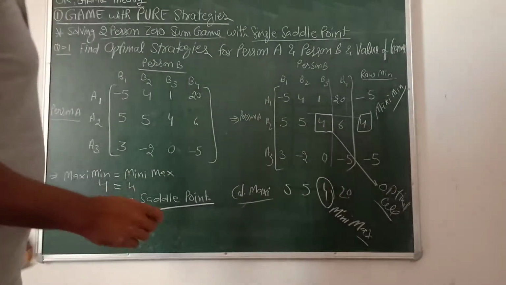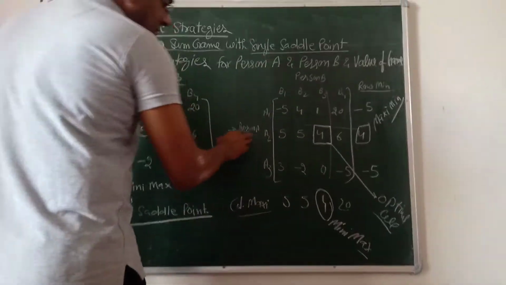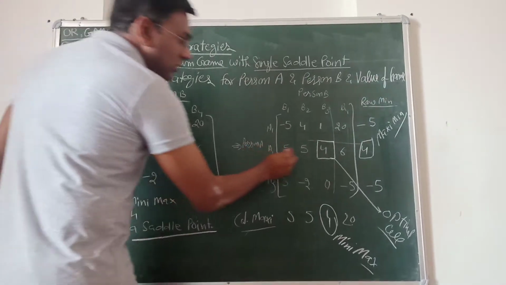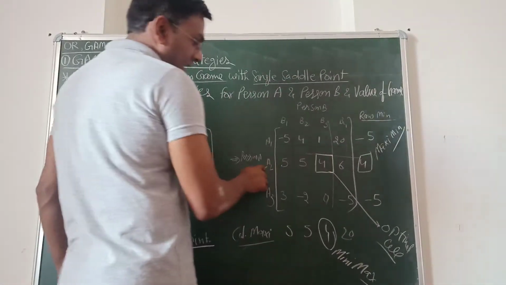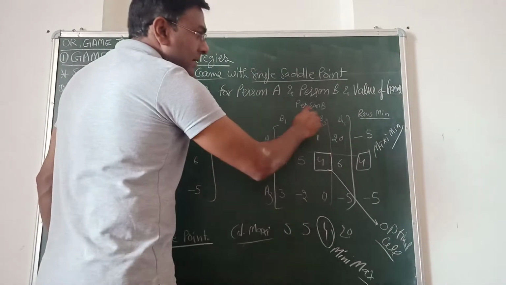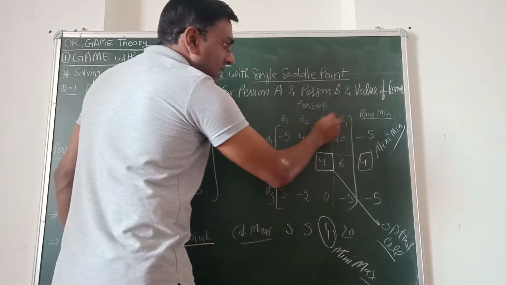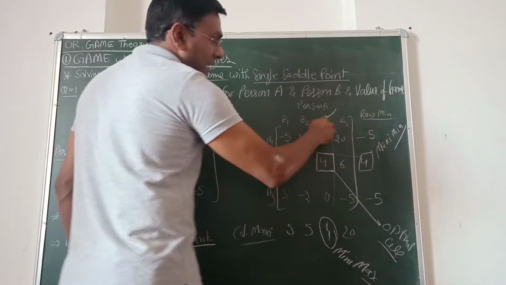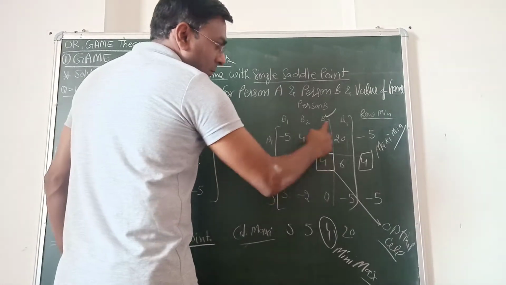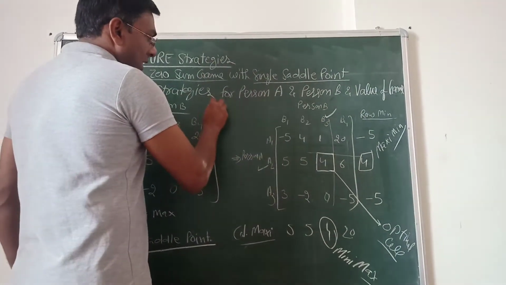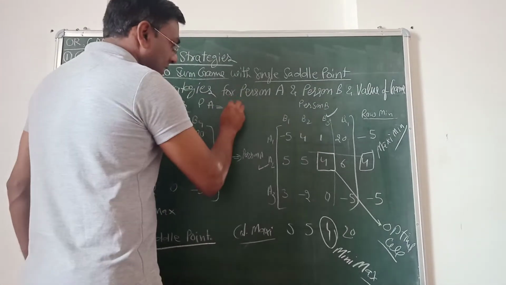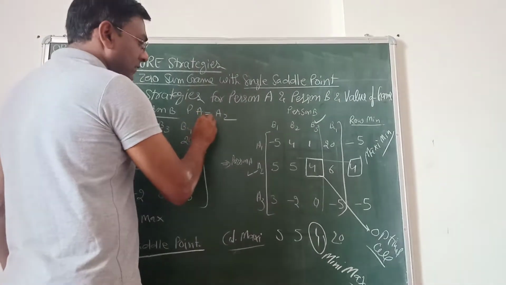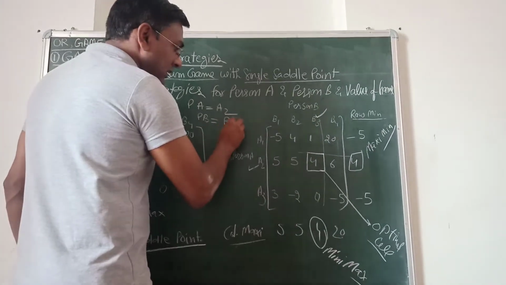We can say that this is the strategy, means person A will use the strategy A2 as the value lies in the A2 row. Similarly, person B will choose the strategy B3 as the value 4 comes under B3. So A will use which strategy? Person A will use strategy A2 and person B will use the strategy B3.